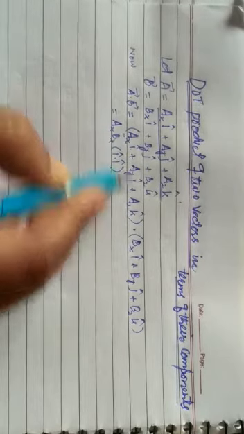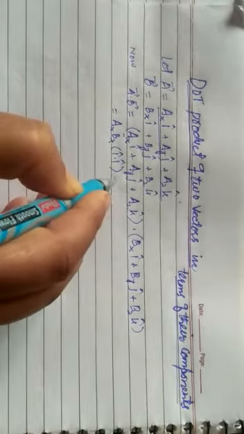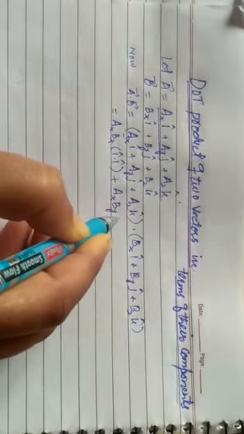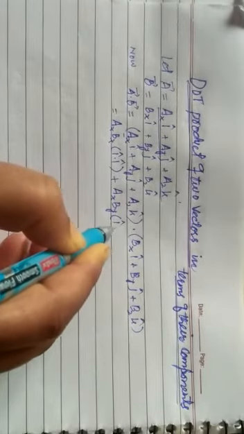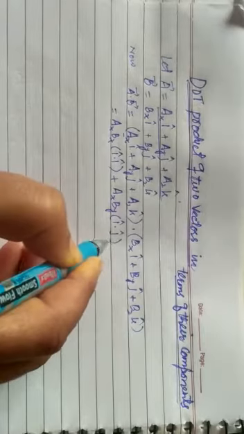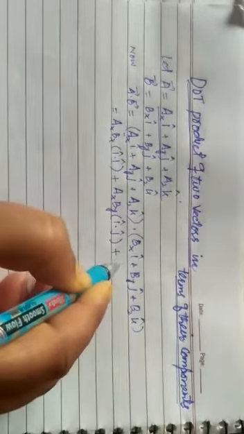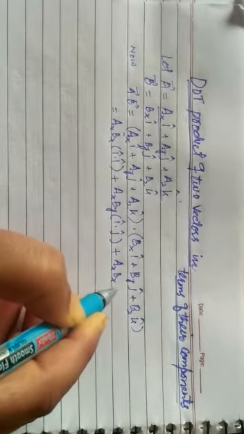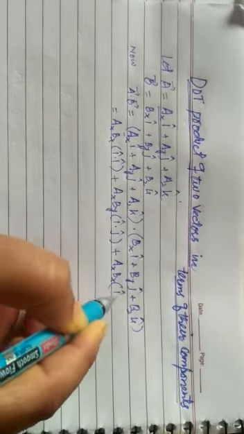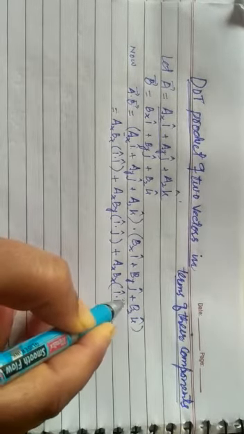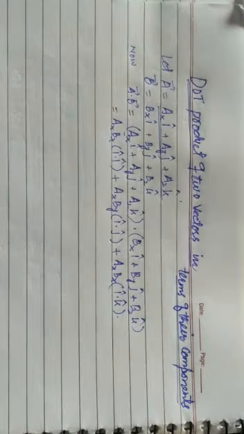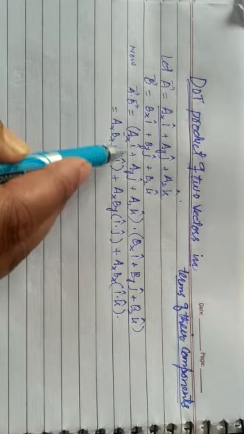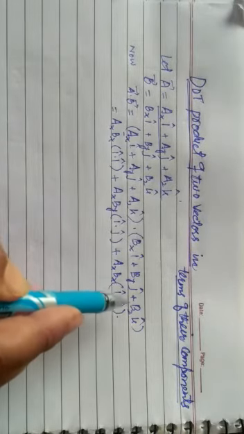Now plus ax by, with vector i dot vector j. Then ax bz, i dot k. These were the multiples of ax i with bx, by, bz.